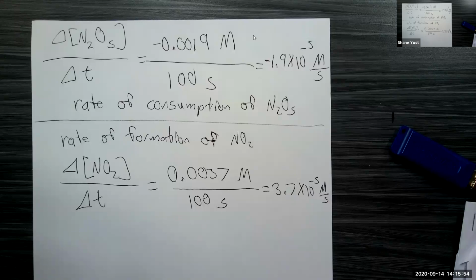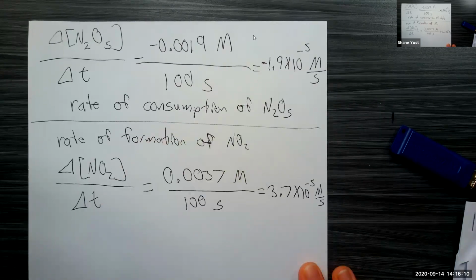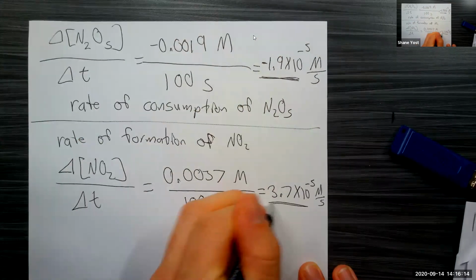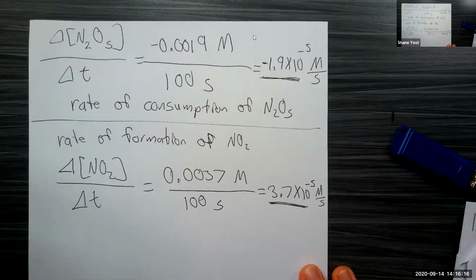Okay. So now the question is, how might these things be related to each other? So this value of minus 1.9 times 10 to the minus 5 and the value of 3.7 times 10 to the minus 5.